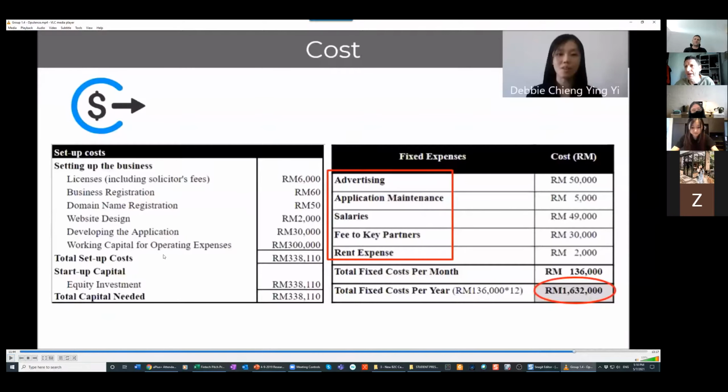At a very minimum, if minimum creativity is to put at least a red line around areas that you want to emphasize, the last thing you want to do is read out every item. Advertising 50,000, application 5,000, salaries 49,000.